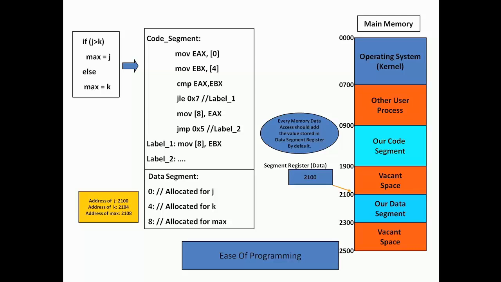You understanding, right? So, what does the architecture do here? Architecture will take the address generated by the compiler and add it to the segment register, and then that is what it will be using for memory access. So, that is the support of architecture to segmentation, to memory segmentation.